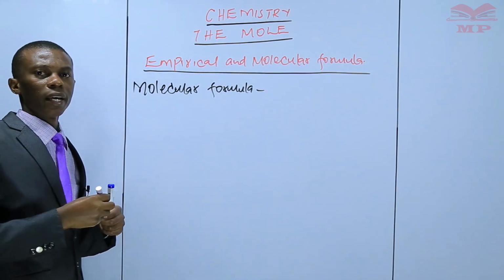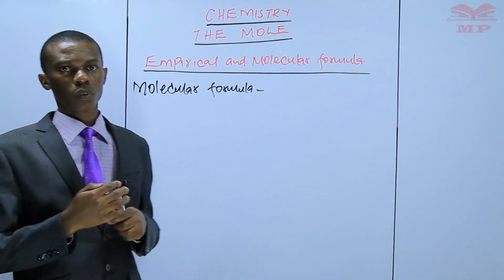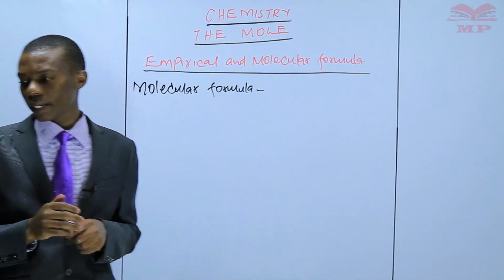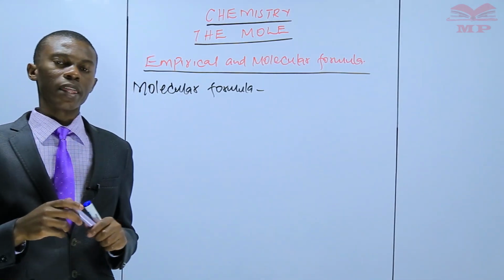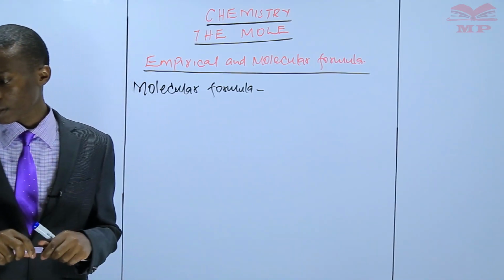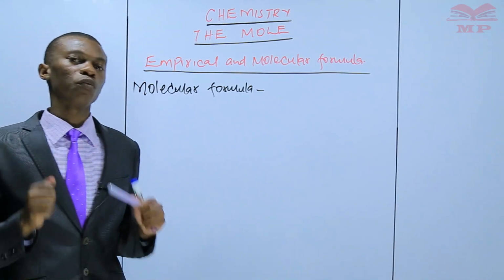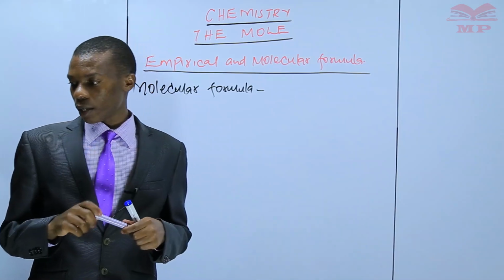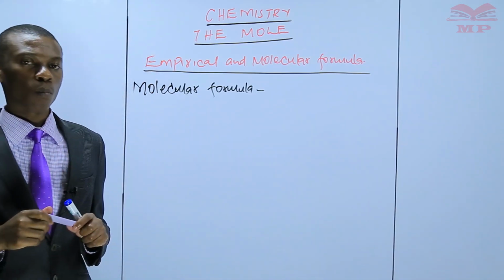What do you think is the molecular formula? We say that the molecular formula is a formula that shows the actual number of each kind of atoms present in the molecule of a compound.